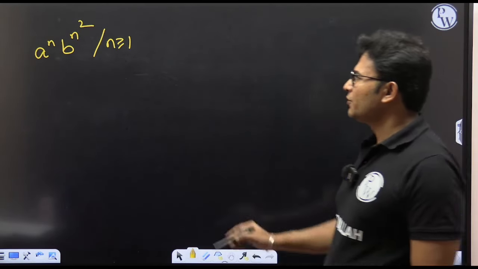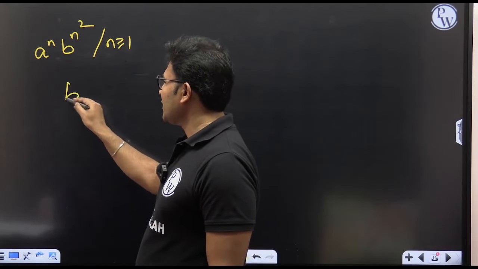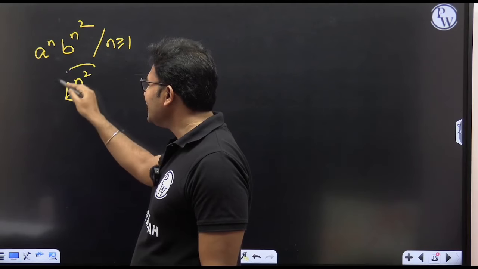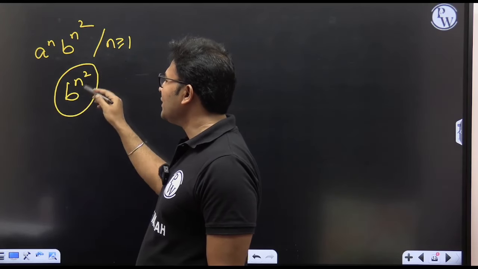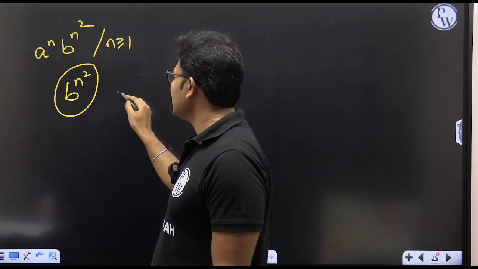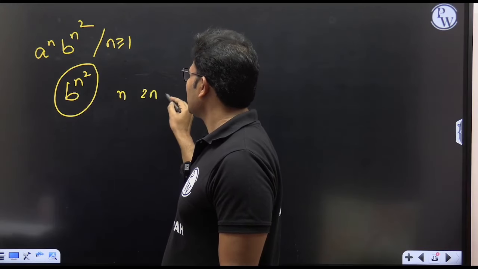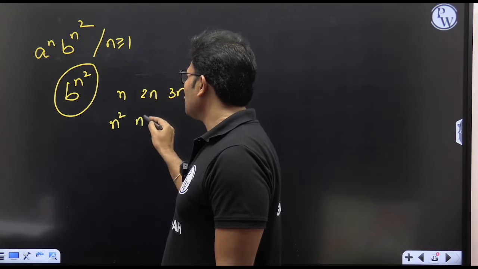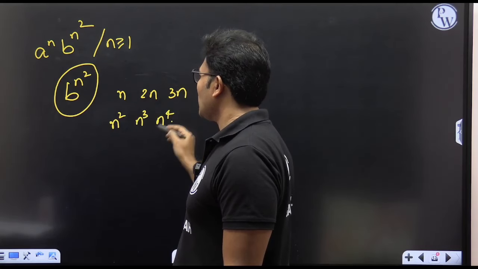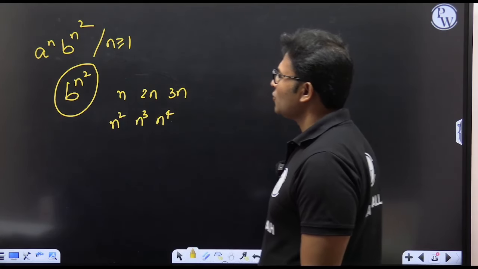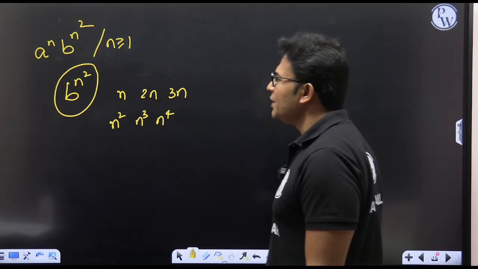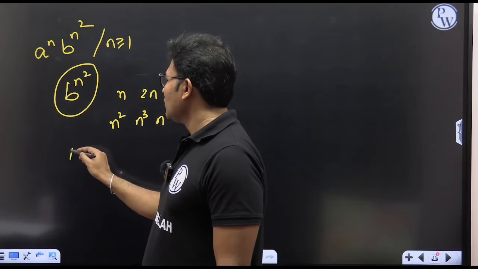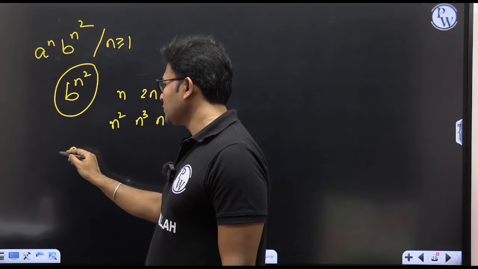So if you observe it, this b^(n²) is not a linear power. What is linear? If I get n, 2n, 3n, this is linear. If I get n square, n cube, n power 4, this is non-linear, right? So whenever you get non-linear, PDA cannot do it. Definitely, finite automata cannot do it. Therefore, it is not regular.